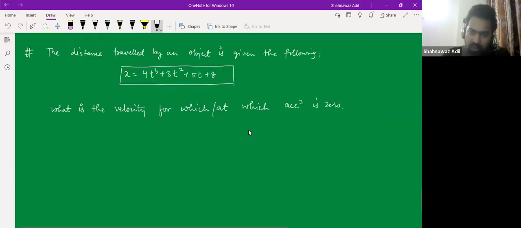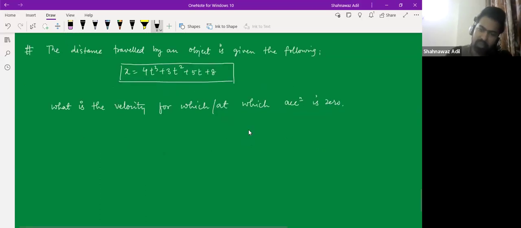So what we will do in this question, first thing, what we will do? Can you tell me what is the first thing that we will calculate? Yes, Alia, what we'll calculate?